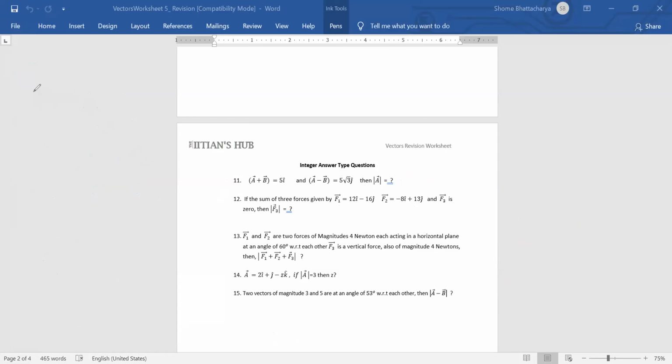Question 13 next. So see, 13, it's a sort of three-dimensional problem. Okay.